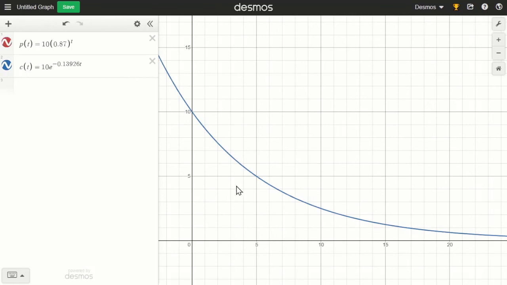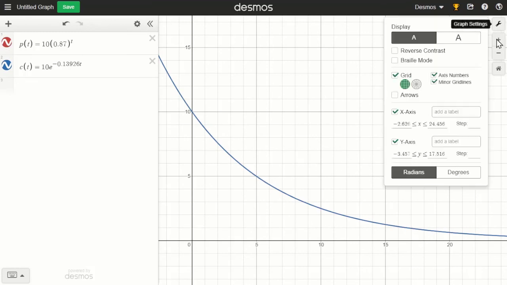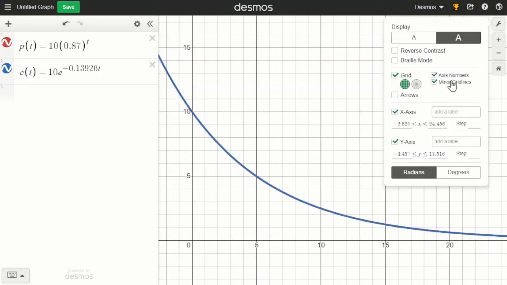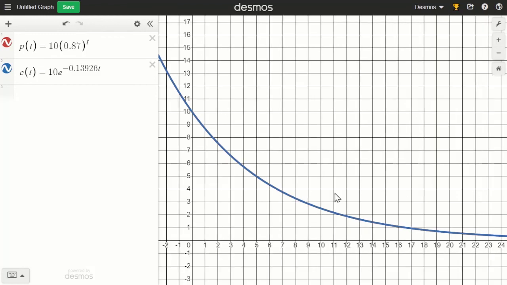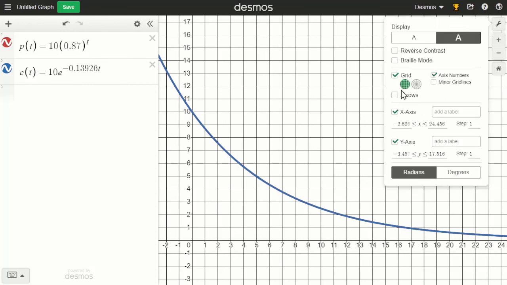And really, I cannot see the difference anymore. The red graph is here, and the blue graph is here. They are exactly the same. Now let me adjust the setting of my screen so that we can see the graph even better, or I may even hide away all the grids.